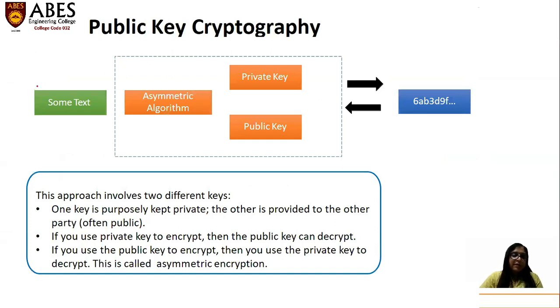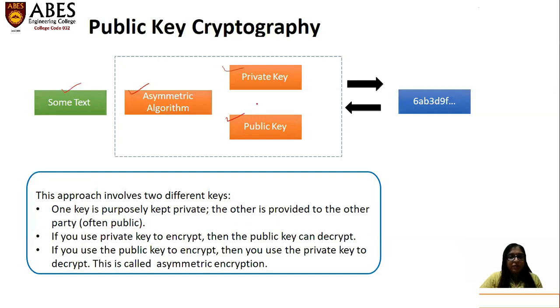So here are two concepts. There are two types of cryptography: public key cryptography and private key cryptography. In public key cryptography, there are two types of keys. This is the original message. We are using the asymmetric algorithm. Asymmetric algorithm means there are two types of keys: private key and public key. If I'm using the private key for encryption, then for decryption we have to use the public key.